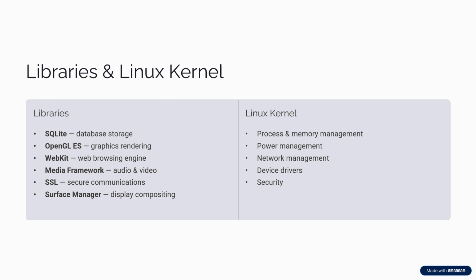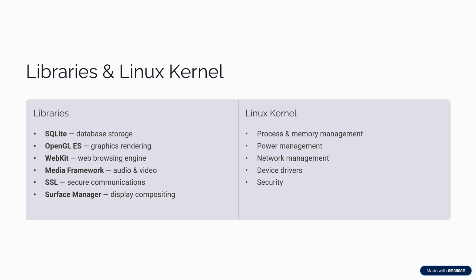So here it is listed. The libraries: Android provides a set of C++ libraries that support important system functions. Examples include SQLite, OpenGL ES, WebKit, Media Framework, SSL, Surface Manager. The Linux kernel is the foundation of Android.